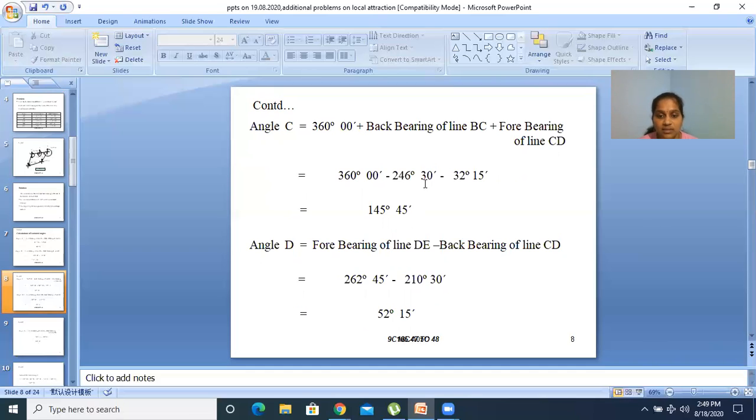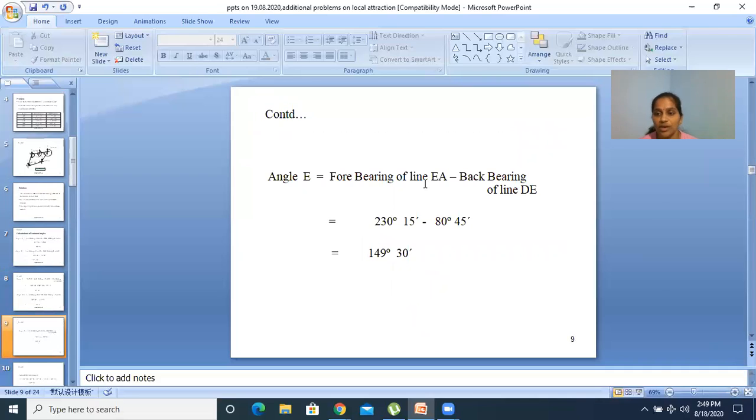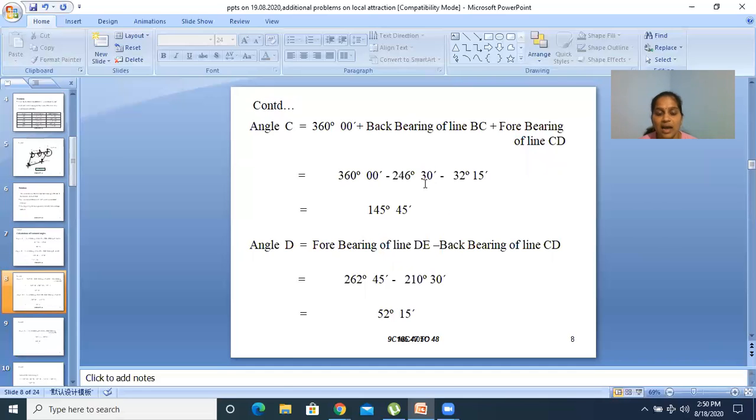Angle D, 52 degrees 15 minutes. You know already how we can calculate the included angles. We saw so many problems of this type. Angle E, 149 degrees 30 minutes. So these are the included angles of the stations.